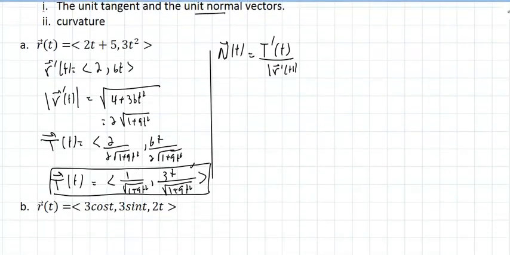The magnitude of r prime of t I already found, that is the square root of 1 plus 9t squared, with a 2. Look at that. Almost forgot because I was looking at this. My mistake. Now, what is the derivative of this?